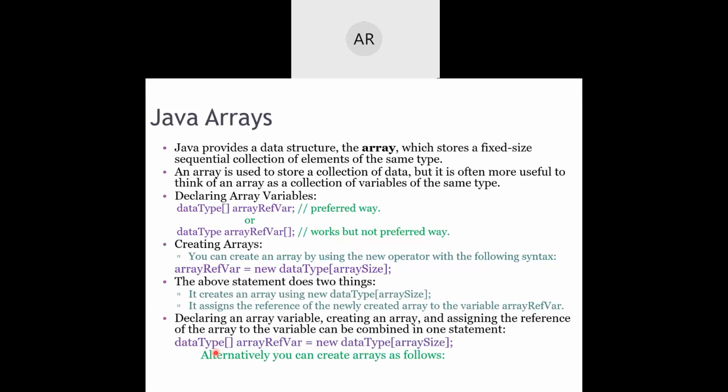This line is Java's syntax which you can follow if you wish. An alternative way of creating is, at the time of creation itself, you list the values, and the Java compiler will count how many values have been listed and create that much memory for us, referred to by this particular name.